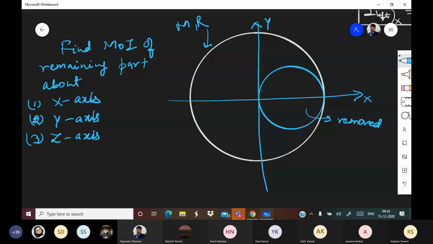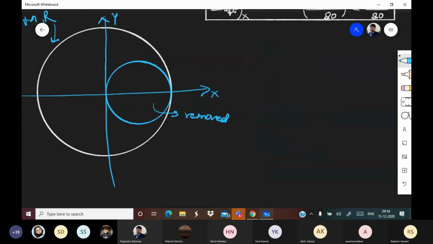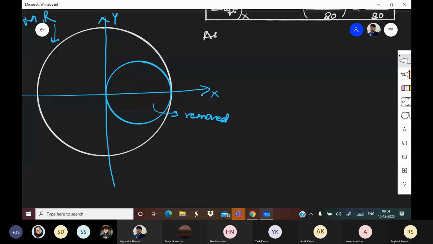Okay, Yash is saying z-axis. All right, Yash. As per your instruction, about the z-axis, I'm solving it quickly because we have lesser time.